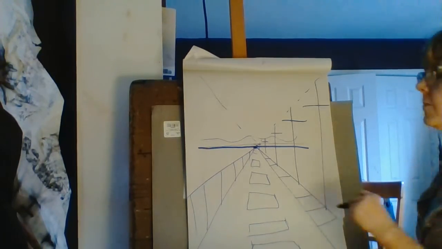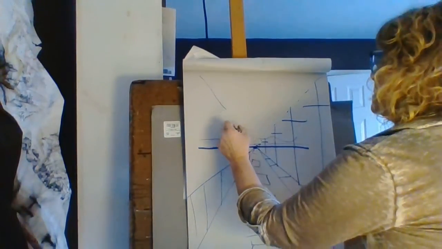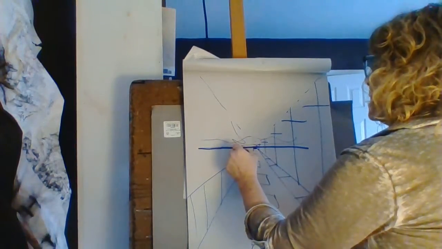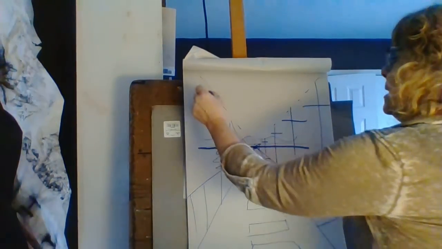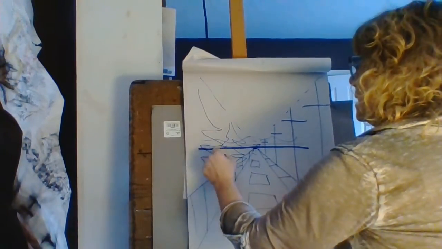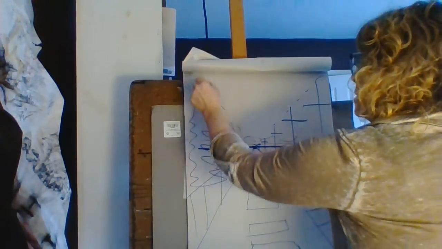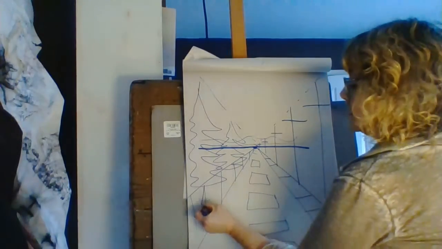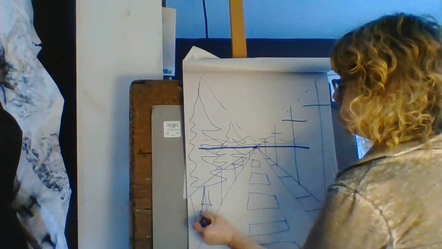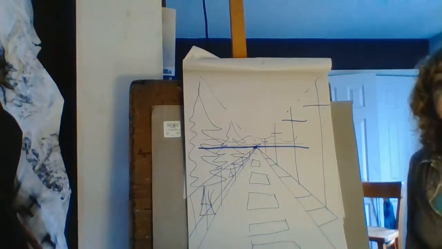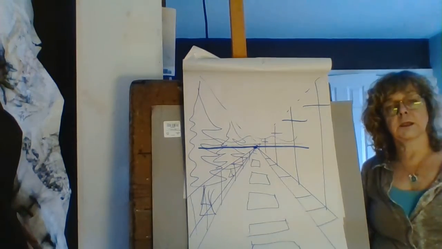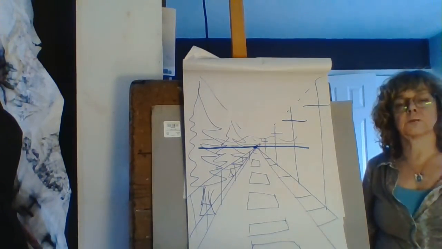So you can see, what about trees? Well, let's just say we have trees that are growing by the road here. Here's a tree. This one is closer to us. All right. As they get further away, they get smaller.